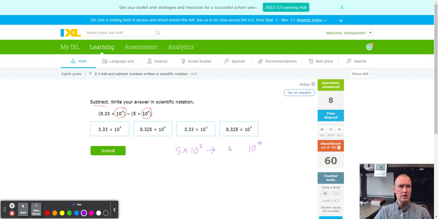If we have a 5 here, we're going to move the decimal over 3 times to the left. So we got 1, 2, and 3. So I'm getting 0.005 times 10 to the 9th.